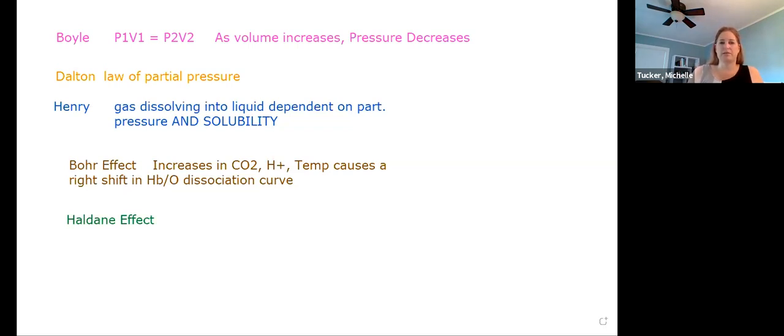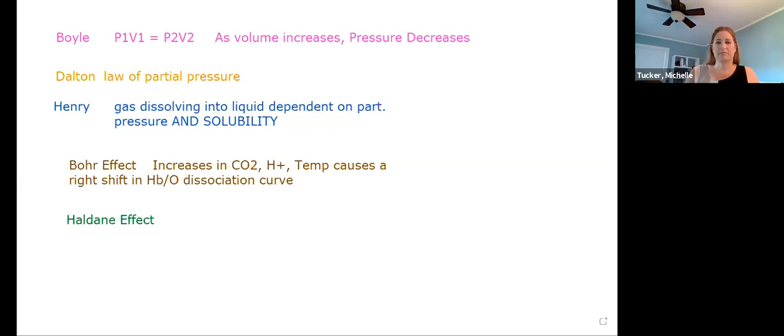It can also bind to hemoglobin, and it's not competitive. So oxygen binds to the heme molecule, and carbon dioxide binds to a different location on that globin polypeptide. So it's not competitive. However, even though it's not competitive, it can affect the shape of hemoglobin. We'll talk about that.